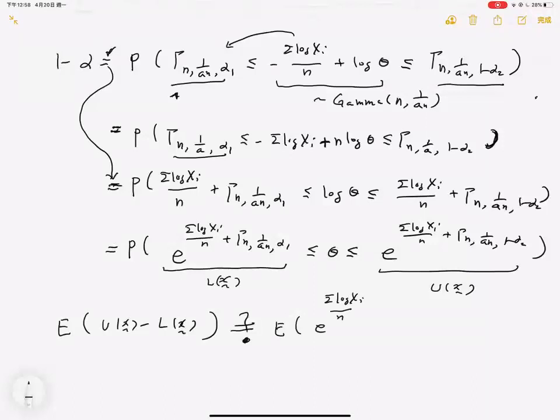Then, of course, this guy right here I can just say gamma n 1 over a n alpha 1 minus gamma a of n then 1 minus alpha 2x, right? This guy times this guy, going back to this guy, right?